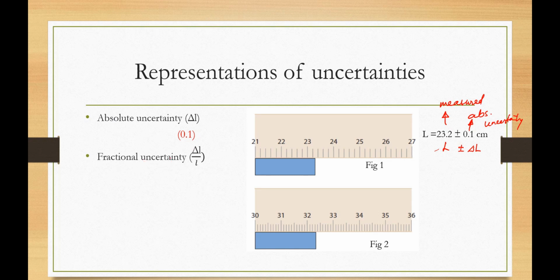It's given by the equation absolute uncertainty divided by the measured value, which is 0.1 divided by 23.2 as per this example. Also, this helps us to determine the percentage uncertainty, which is the fractional uncertainty multiplied by 100.